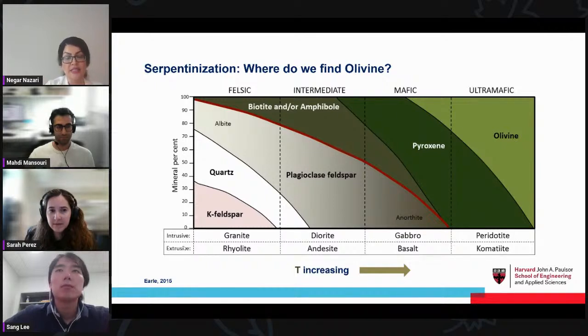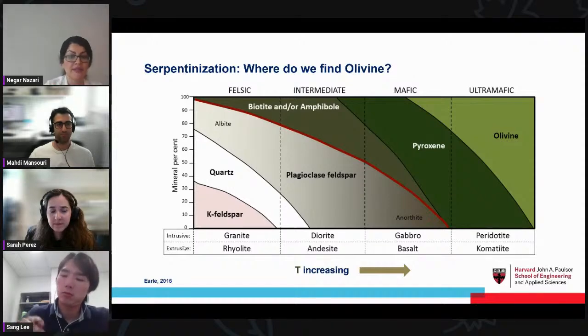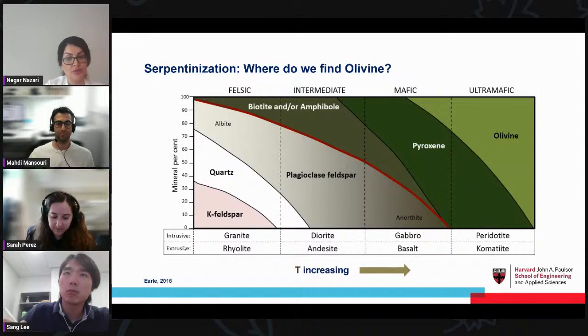On those minerals, the most important rock that contains olivine is called peridotite. Peridotite is found enormously in the mantle, and in areas where we can have access to the mantle, we can produce hydrogen.